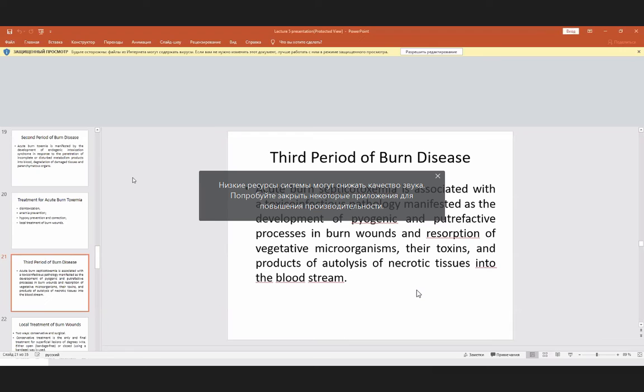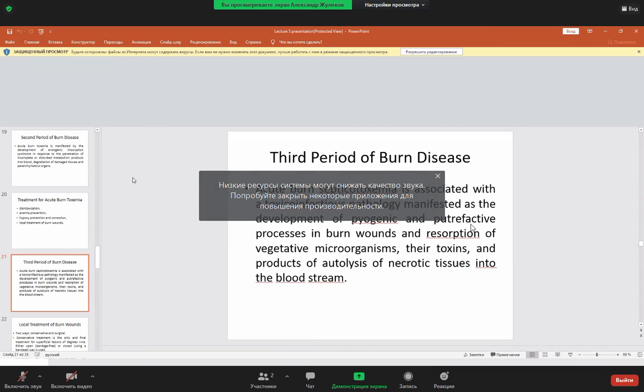After debriding and drying, the wound is swabbed with a cotton pellet soaked in 5% potassium permanganate or 1% iodinate solution.